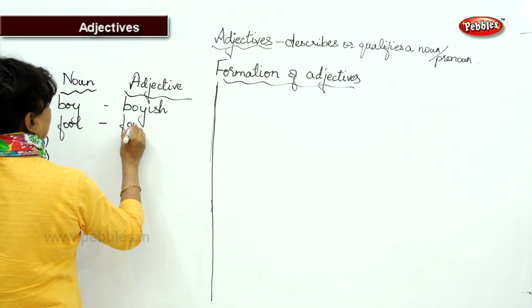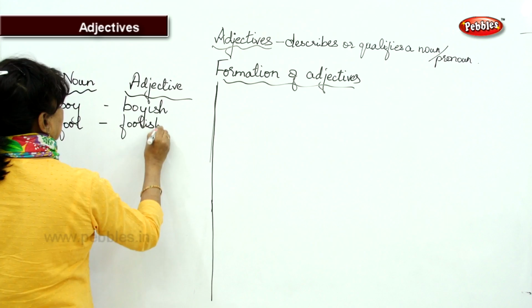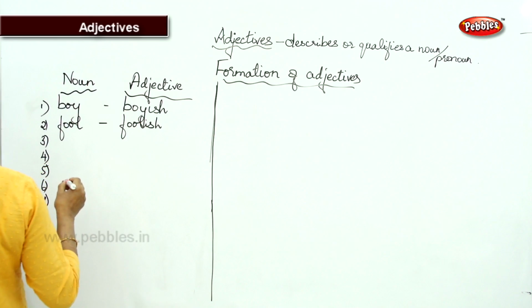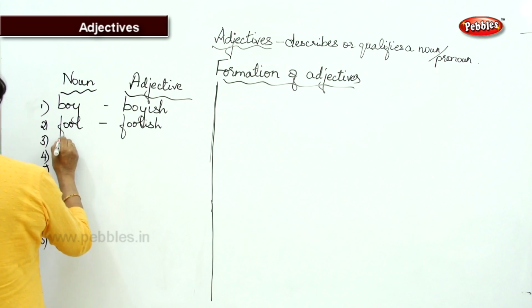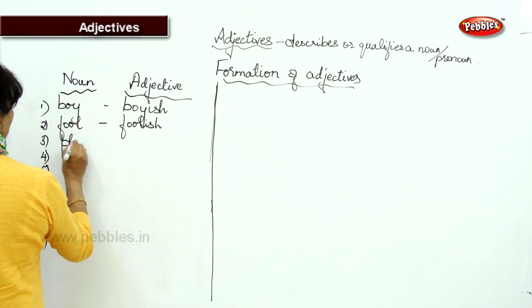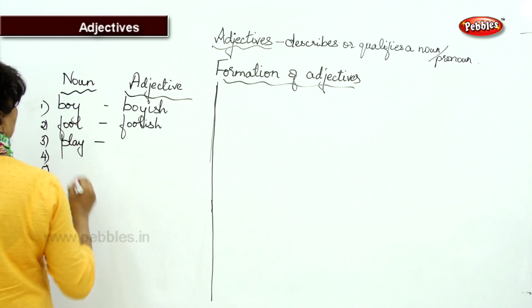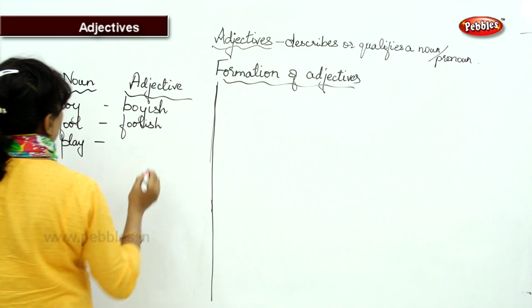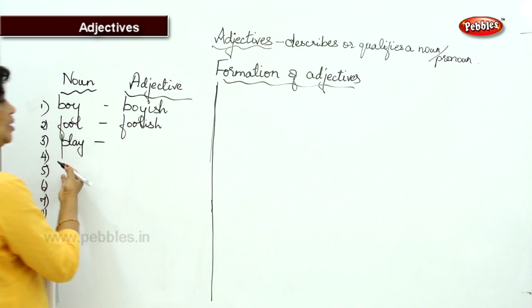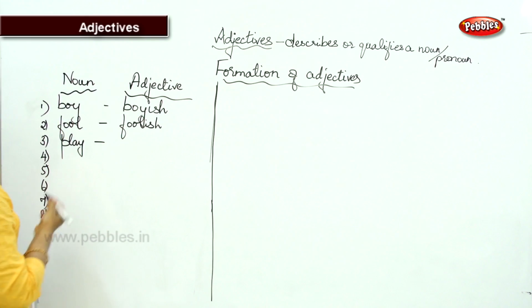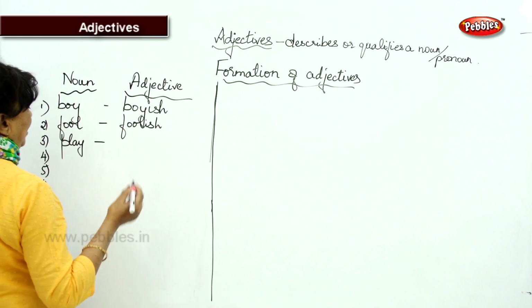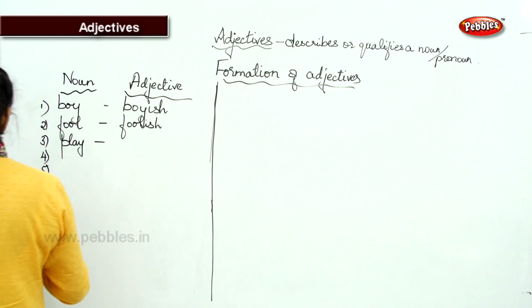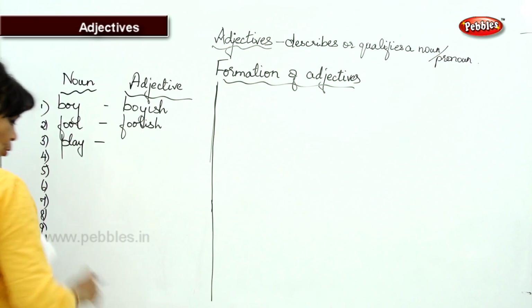foolish. Next word, play. That was their play. Play can be even a verb. Go and play. I'll take another word, hope.